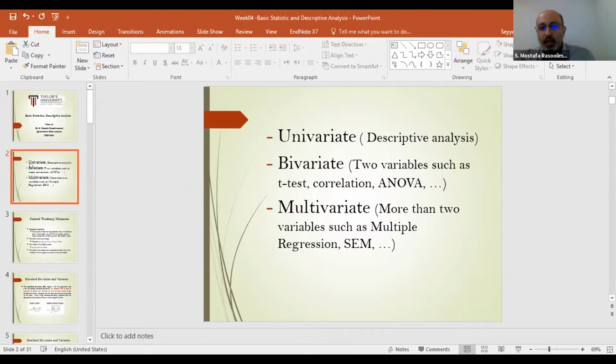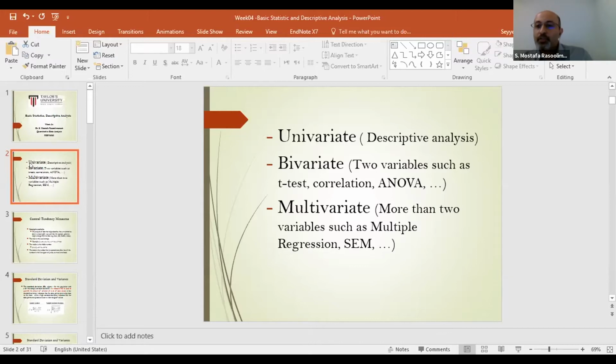But we can also accept this categorization and go with these three categories: univariate, bivariate, and multivariate analysis techniques. A univariate refers to descriptive analysis. Today I will try to go through some descriptive analysis.